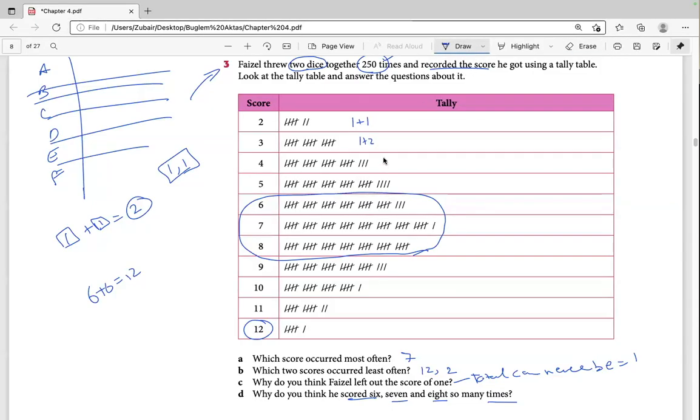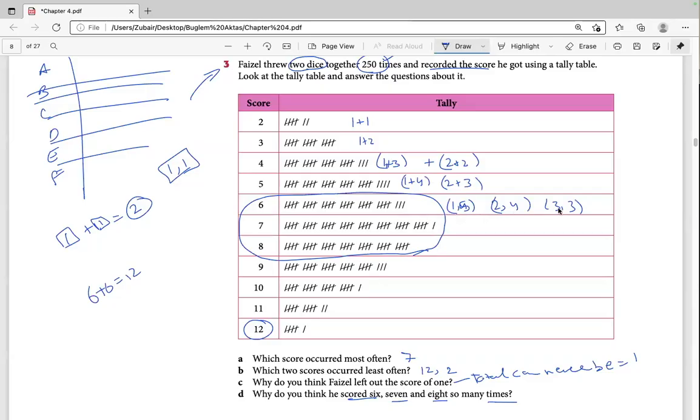If we talk about 4, it could be 3 plus 1, or 2 plus 2. If we talk about 5, it could be 1 plus 4 or 2 plus 3. If we talk about 6, that is 1 and 5, 2 and 4, 3 and 3.